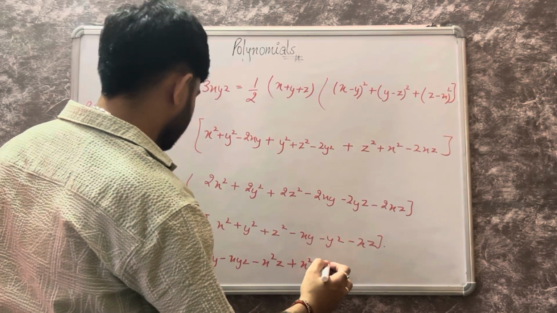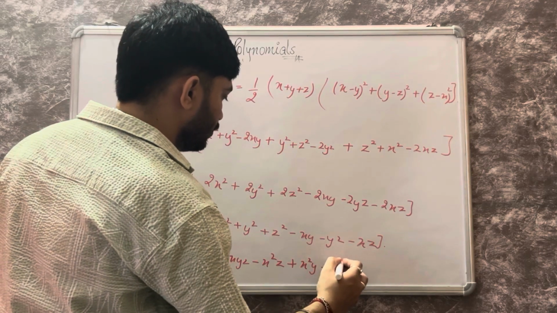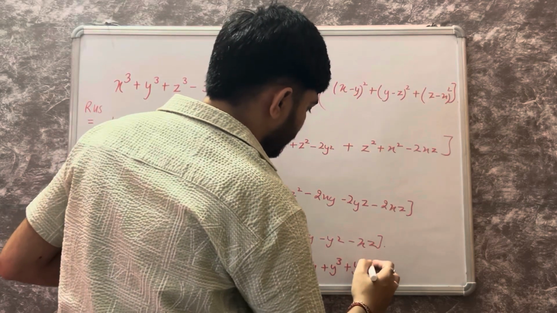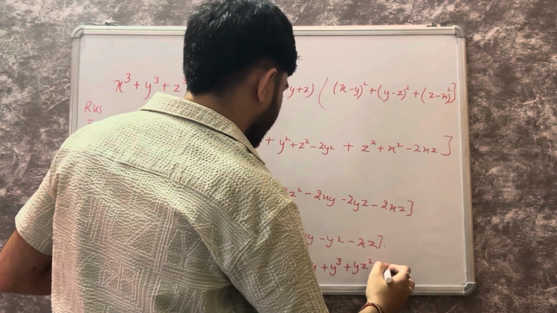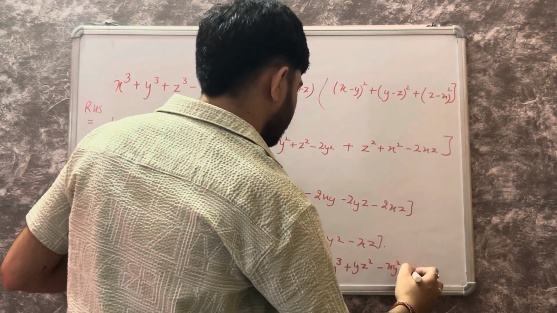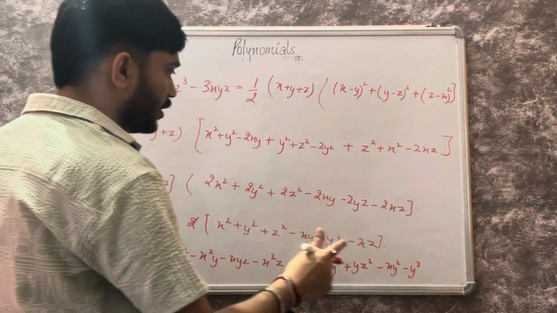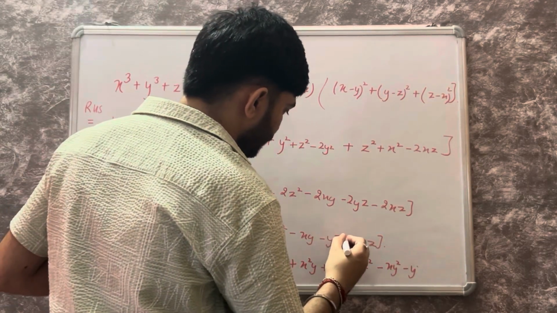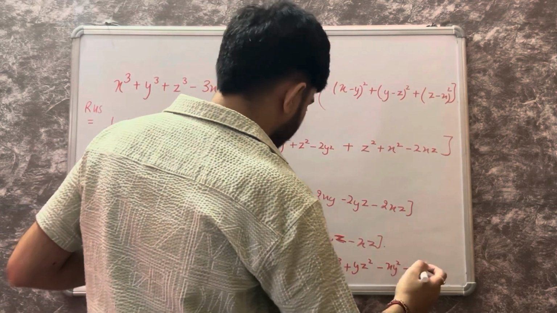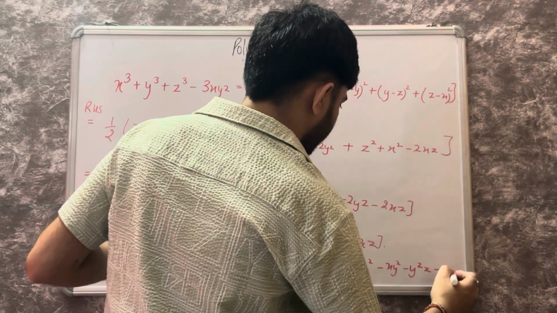Now multiply this y with the whole bracket, you will get plus x square y plus y cube plus yz square minus xy square minus y square z, and minus xyz.